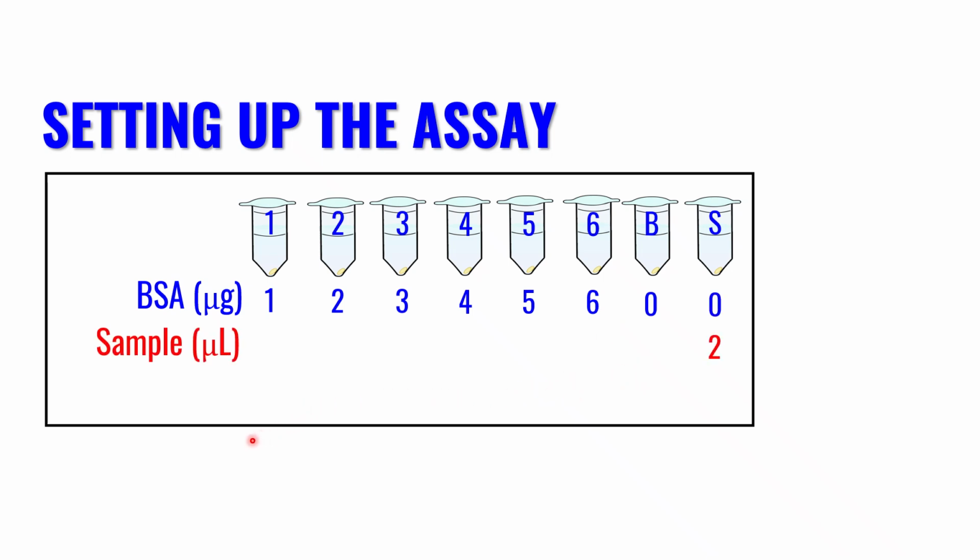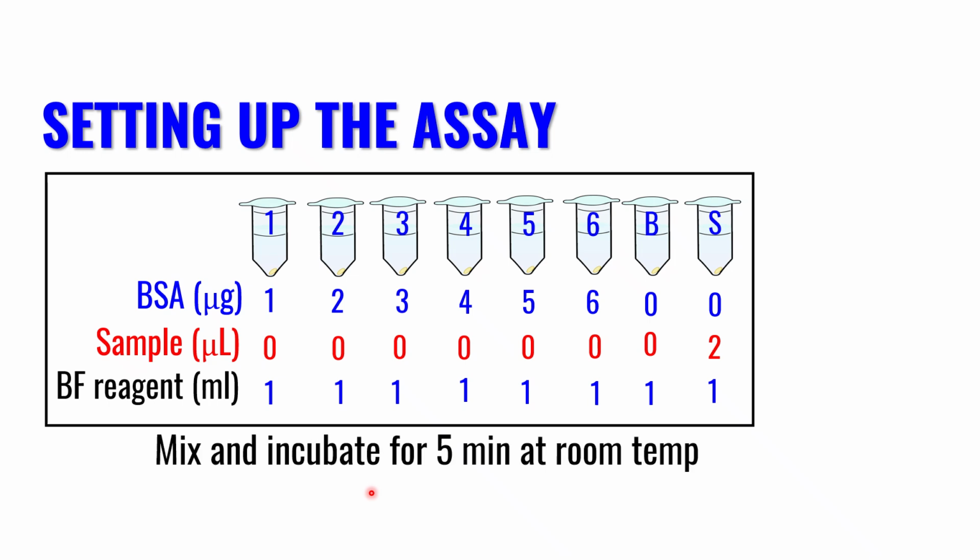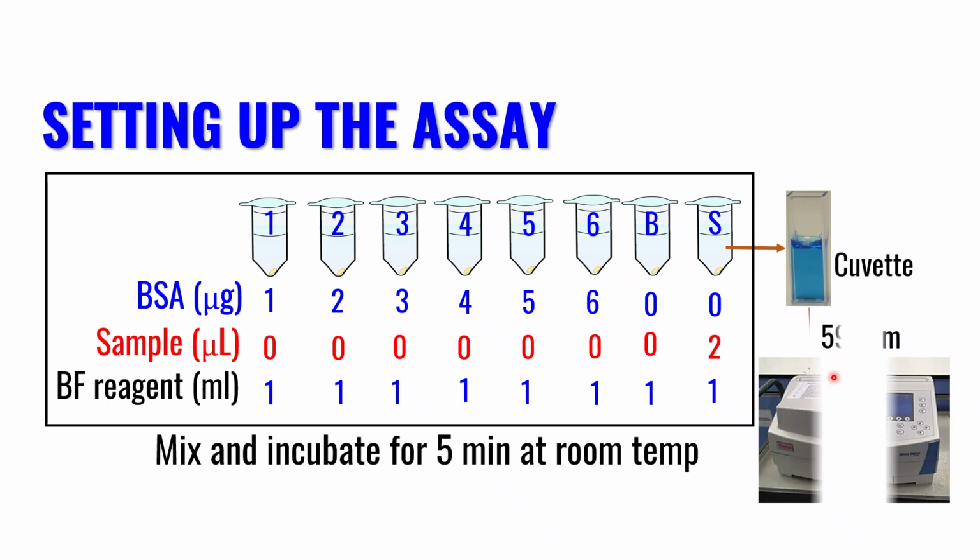Then add 2 microliter of sample in the S tube, nothing in the remaining tubes. Now add 1 ml of Bradford reagent, mix and incubate for 5 minutes at room temperature. You will see a color change in the tubes. Transfer the contents into a cuvette and read the optical density at 595 nanometer using a colorimeter with the blank which you have prepared here.